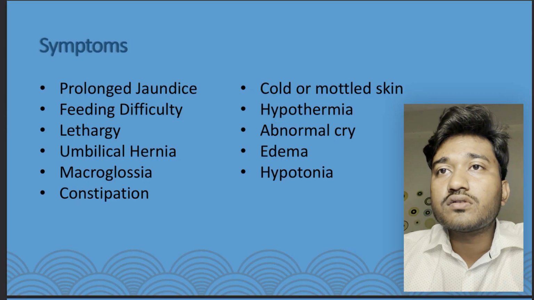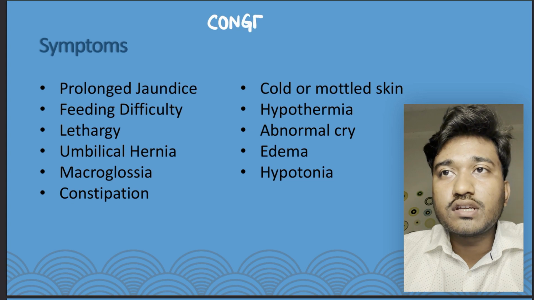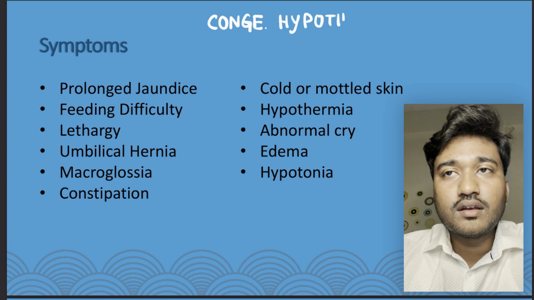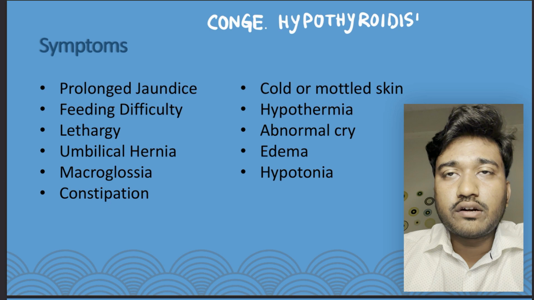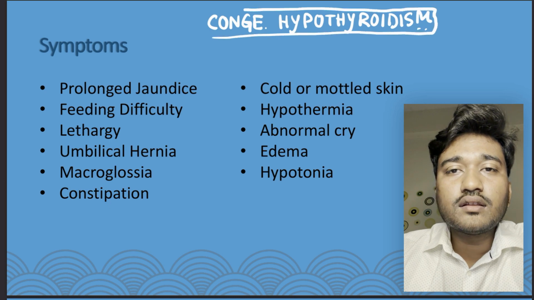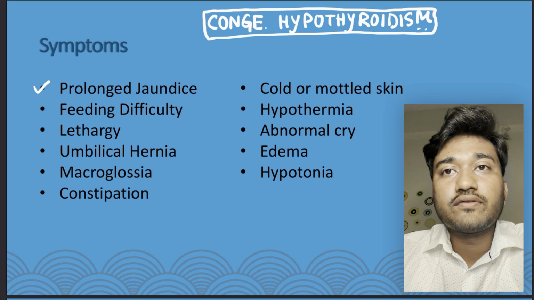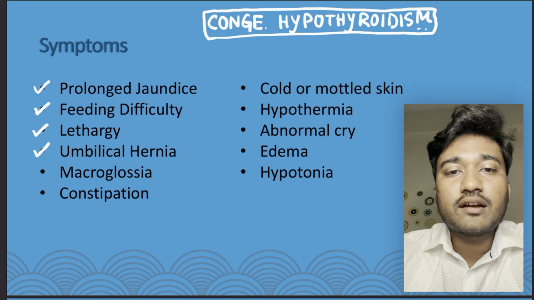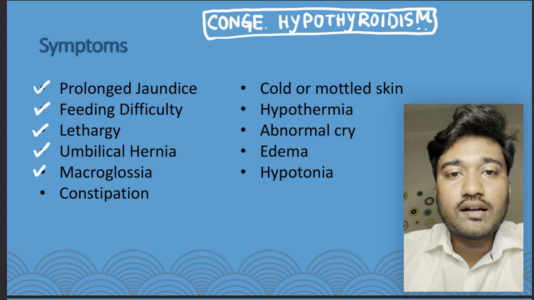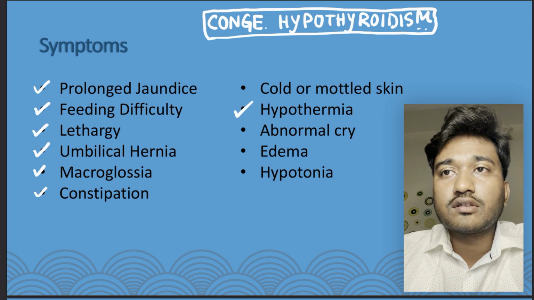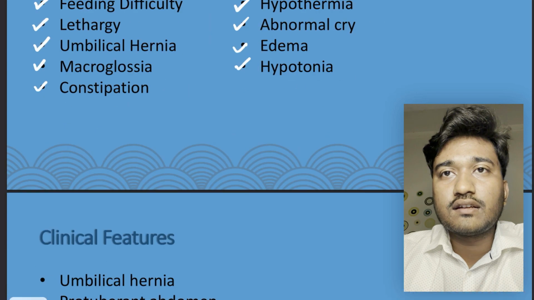Now the endocrine cause, a very important cause, is congenital hypothyroidism. In case of congenital hypothyroidism, from the birth history there would be prolonged jaundice and feeding difficulties, lethargy, and after that you will get umbilical hernia, an enlarged abdomen, macroglossia, constipation, abnormal cry, like that.